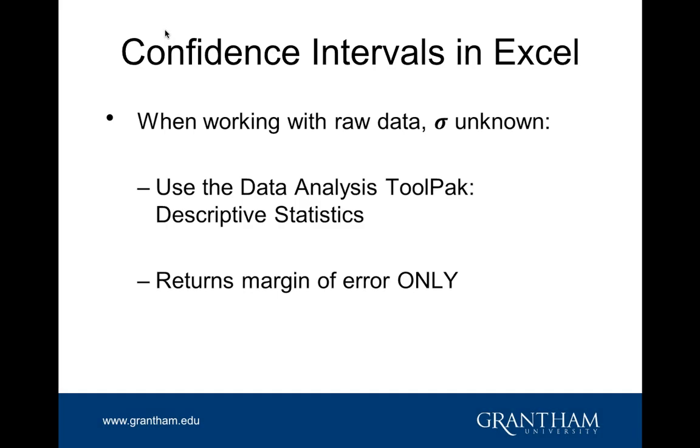If you're working with raw data and your standard deviation for the population is unknown, you can also use the data analysis toolpack. This toolpack, we talked about how to install it in the first webinar. So if you have not installed the analysis toolpack add-in, please go back to the first webinar and see how to do that.